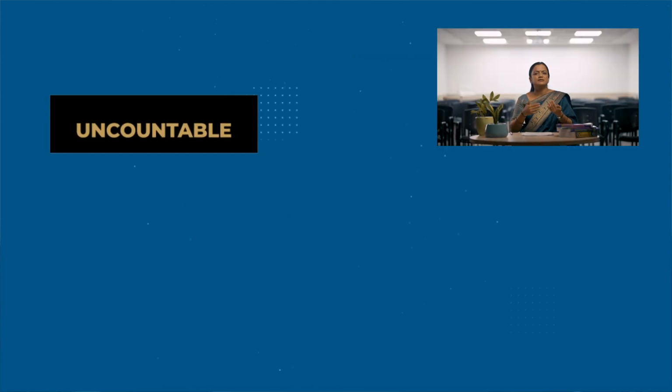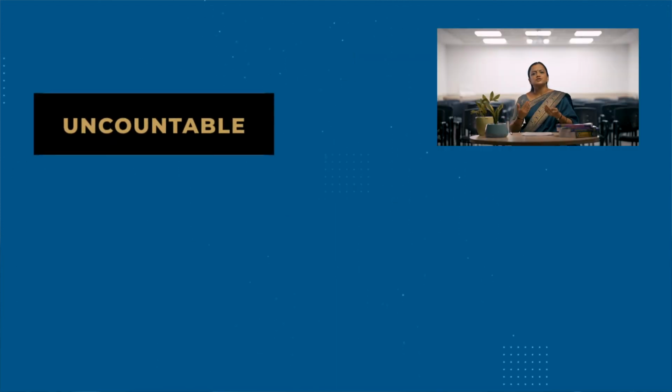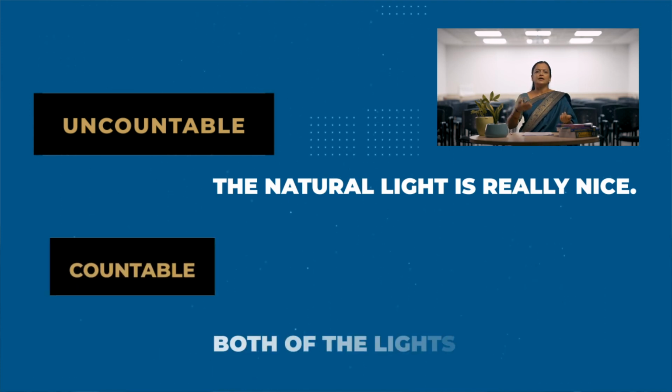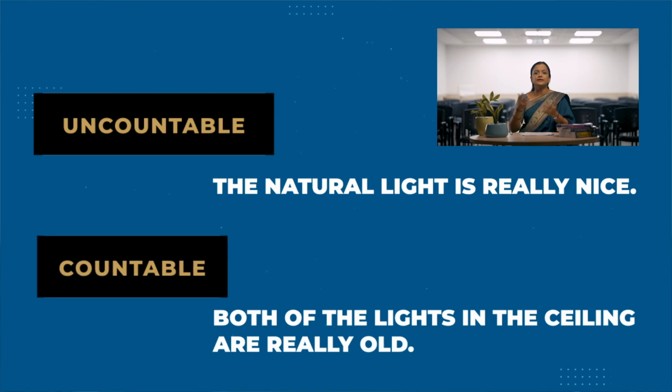Let us compare and see the example. The natural light is really nice. Here the natural light cannot be counted, so we consider it uncountable. But if I say both of the lights in the ceiling are really old, I said both of the lights, so it's very clear that we can count it. Here the word light can be counted.